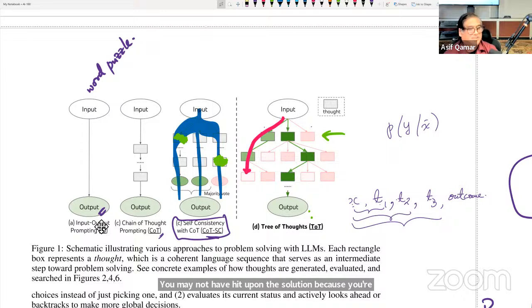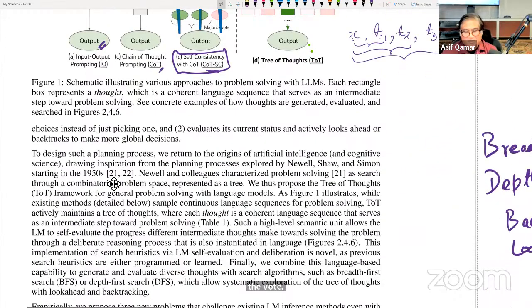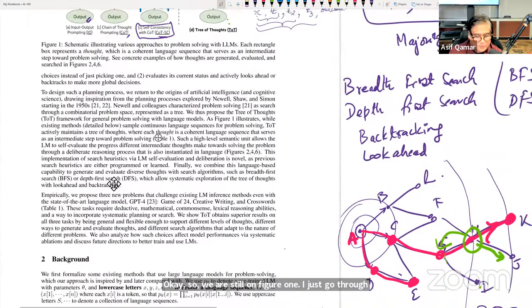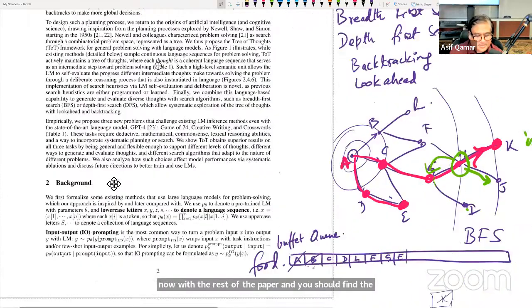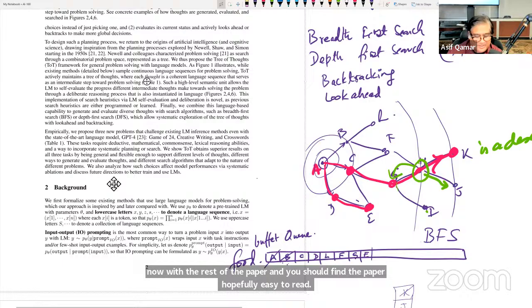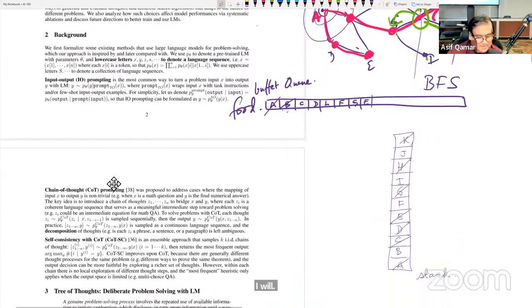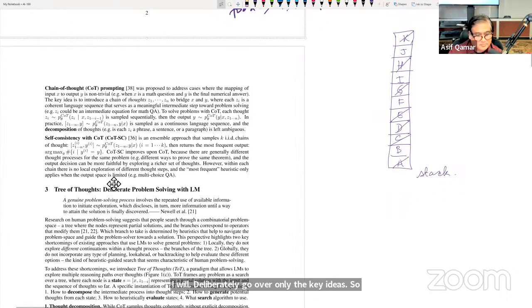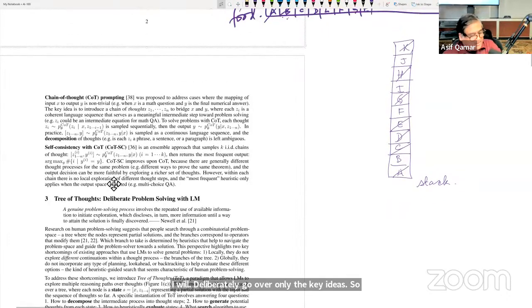Okay, guys, so we are still on figure 1. I'll just go through the rest of the paper now, and you should find the paper hopefully easy to read. I will deliberately go over only the key ideas. See, this is a key.